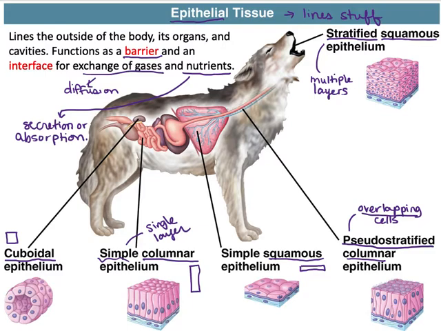And so if you have one cell at a time, but they overlap one another, then we'll call that pseudo-stratified columnar.